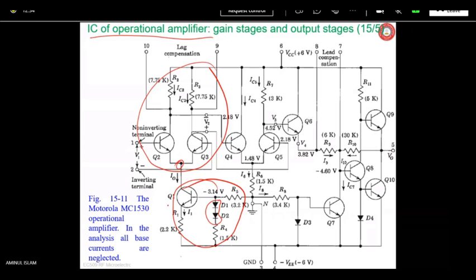This two voltage is the VO. So after multiplication of I10, which we have got earlier, and R10 is 30K, hence we get 0.20 volt.